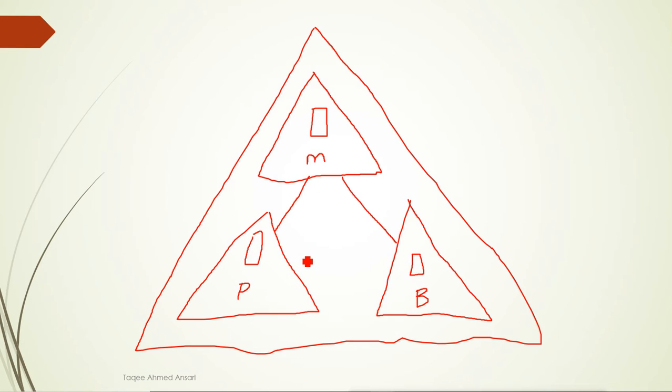If we want communication between branch offices, they can do that by going through the main office and from there connecting to the other branch office. Otherwise, we can connect branch office to branch office directly. This is called full mesh topology.